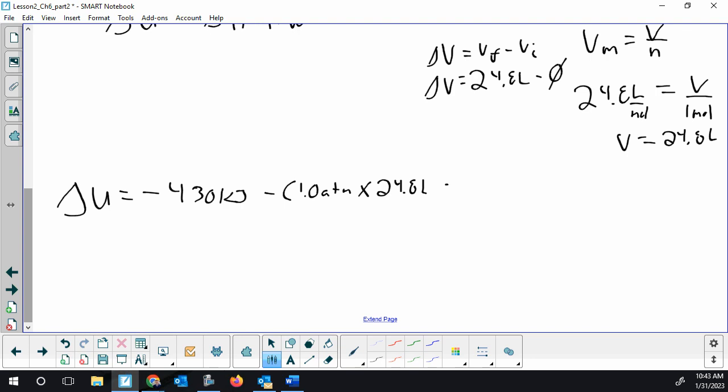That would give us liter atmosphere units. I haven't closed my bracket yet. What units would we get within that unclosed bracket?